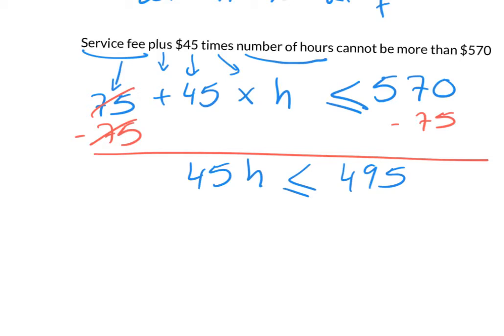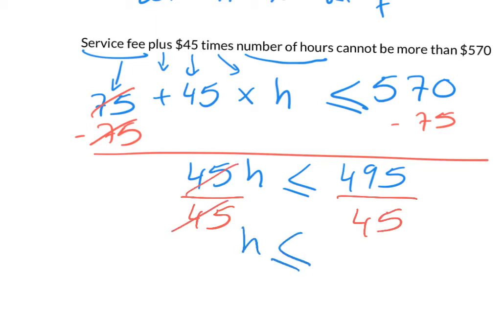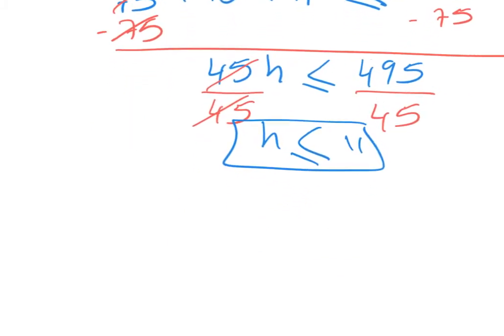So we're going to divide by 45 right here, right? And we're going to have h less than 495 divided by 45. 495 divided by 45 will be 11, right? So the Wong's family can afford to hire the plumber no more than 11 hours.